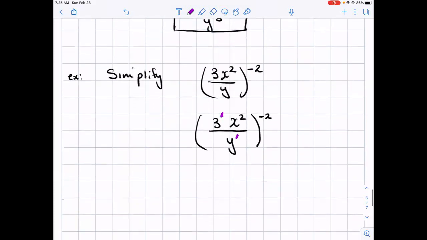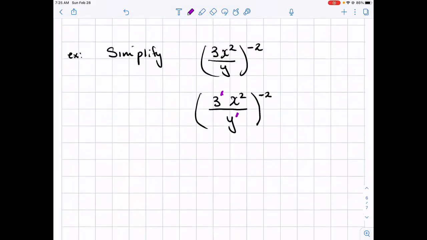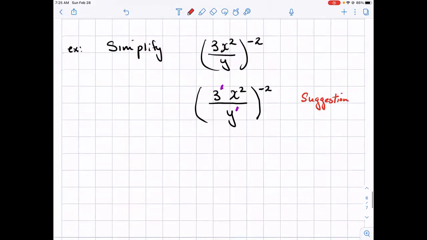Okay. Now, caution, right? Or suggestion. Suggestion is to leave the exponents, or the negative exponents, for the last simplification.